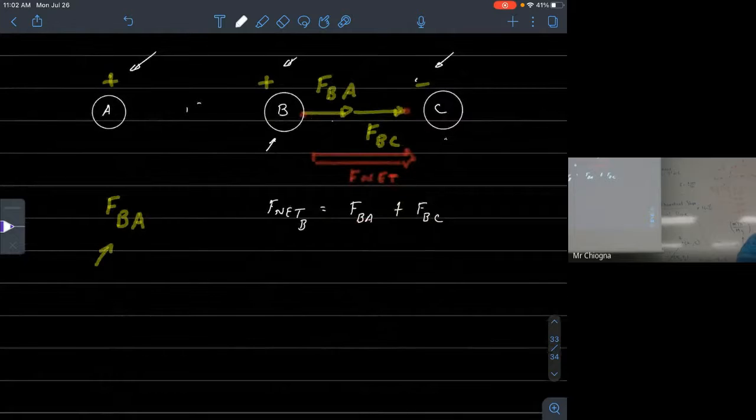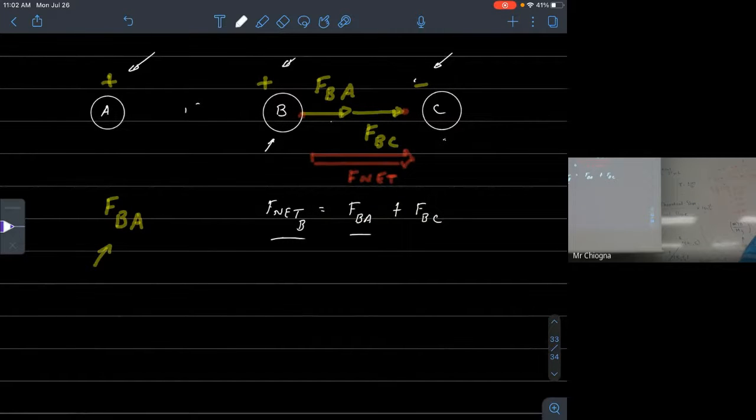Okay, so to calculate F net, we need FBA and FBC. So we have to calculate both of those. So before we write any numbers in, this subscript here and this subscript here have to be on the right side as well. Those are your charges. B and A. Whatever the subscript on the left is, the same on the right.